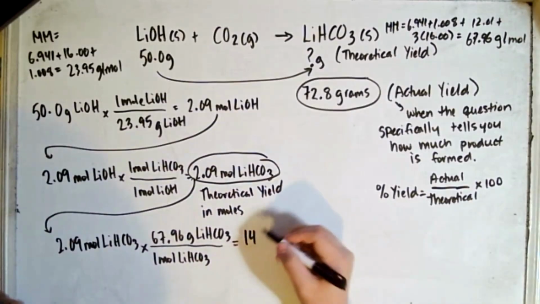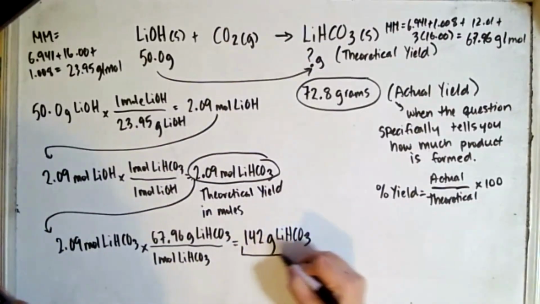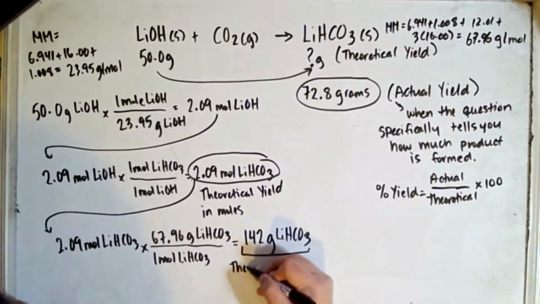So I should be able to form 142 grams of my lithium hydrogen carbonate. So this is going to be my theoretical yield in grams.